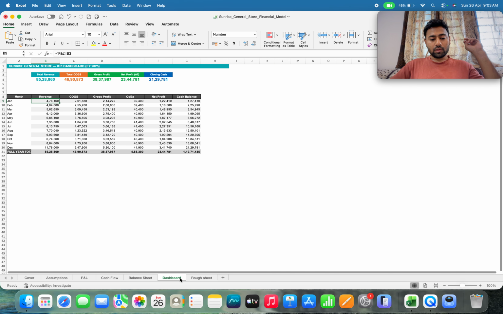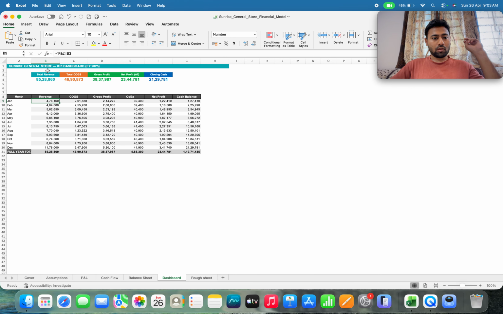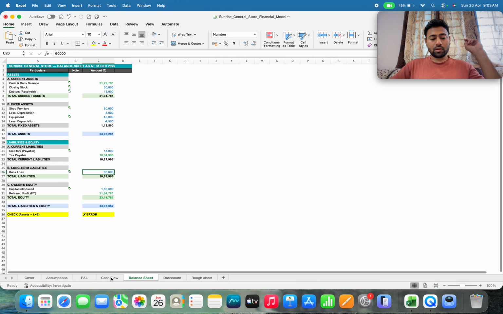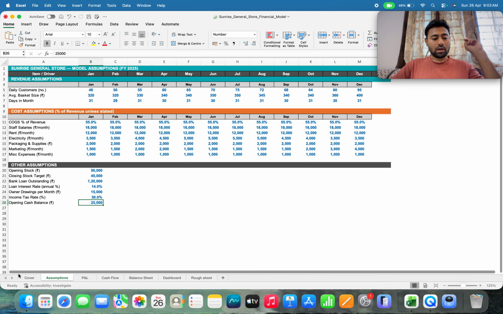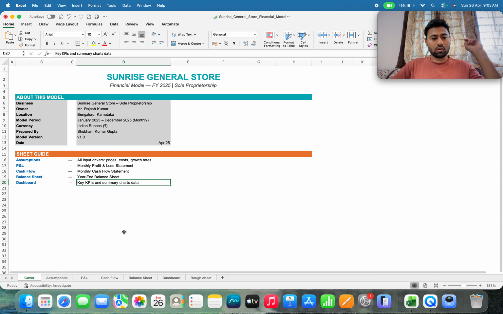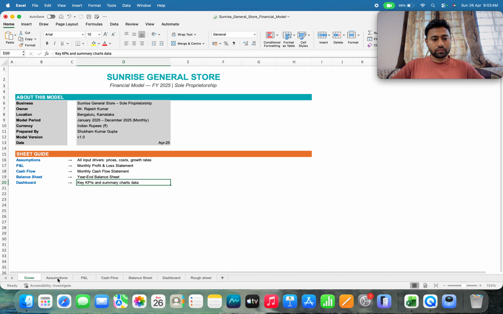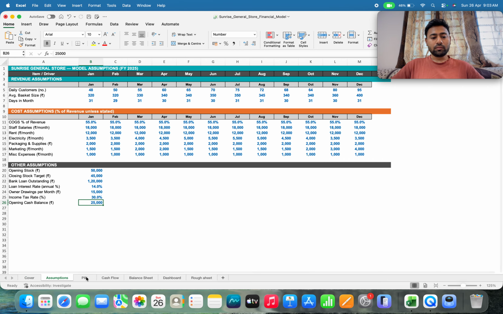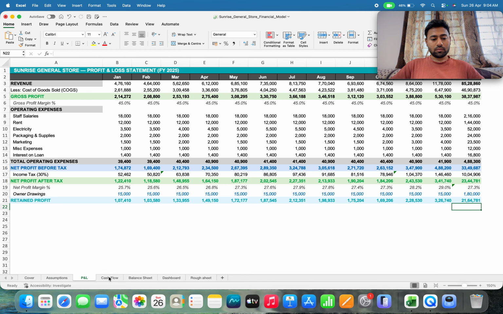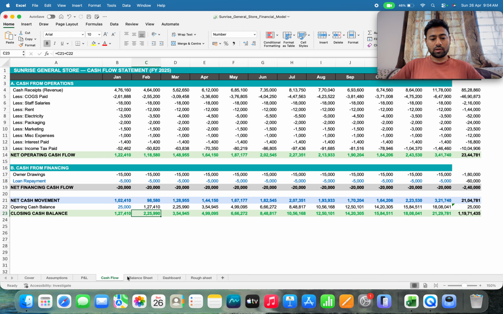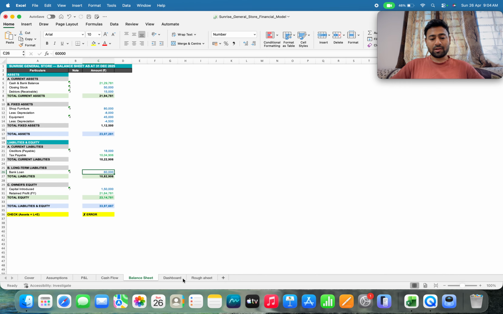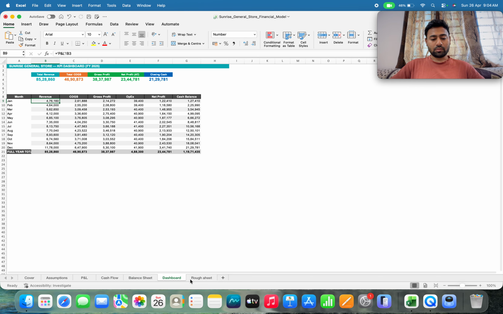Here is the summary of all total amounts, where we have already connected the sheets with each other. This is how I have completed the whole financial model of Sunrise General Store. See, this is the P&L, cash flow, balance sheet, and dashboard.